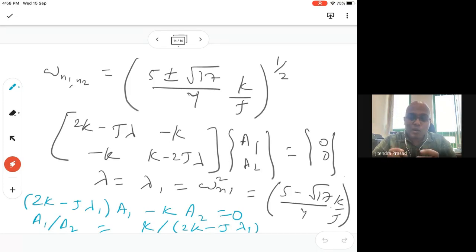Maybe one is less than one, the other greater than one. That means one is moving like this and the other is moving more at the same time, like this. So one is moving too much, the other too little, right?